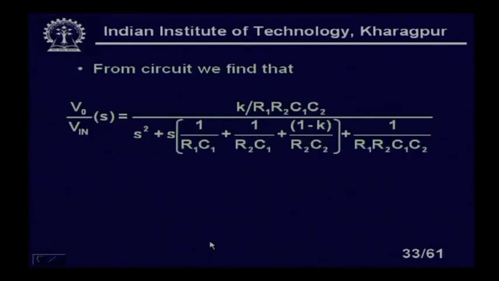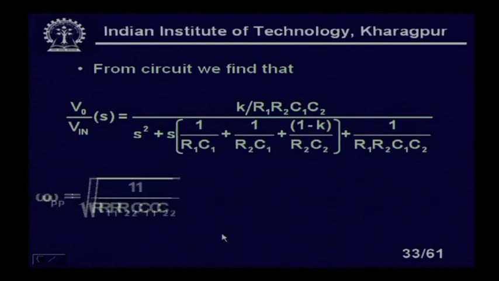Now, the transfer function from the circuit: V naught s by V in s equals small k upon R 1 R 2 C 1 C 2, upon s square plus s times [1 upon R 1 C 1 plus 1 upon R 2 C 2 plus (1 minus k) upon R 2 C 2] plus 1 upon R 1 R 2 C 1 C 2.